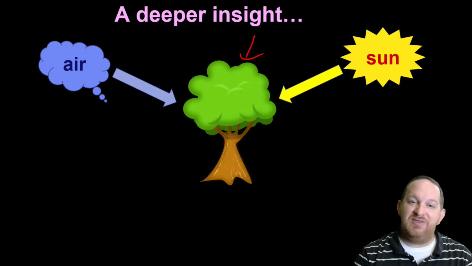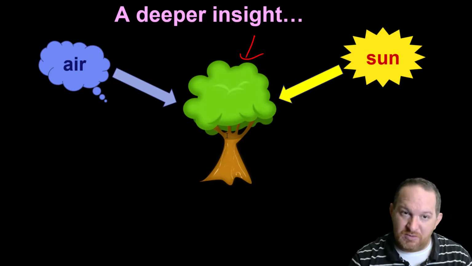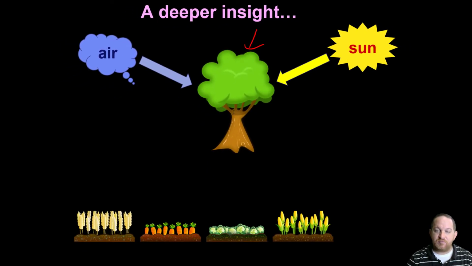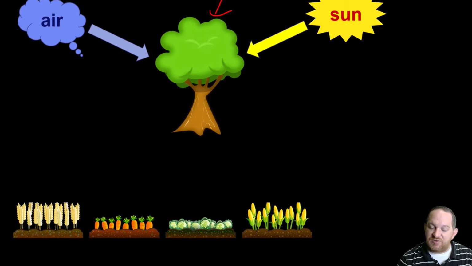So if you take that a little farther, all plants are really the same thing. When we plant seeds to grow crops, they start as a tiny seed, and yes, they use some nutrients and water from the soil, but all of the physical matter, the solid stuff of the plants, was really just CO2 rearranged.